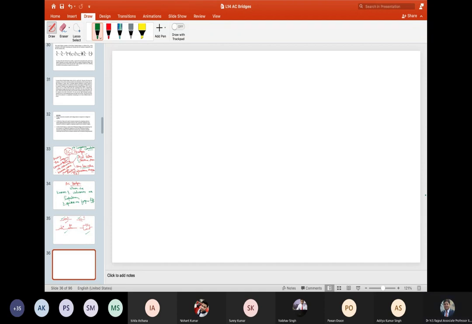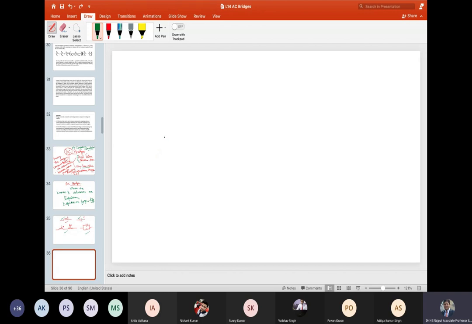So eventually, when we are talking about bridges, everything is going to be typically like your standard Wheatstone bridge, right?